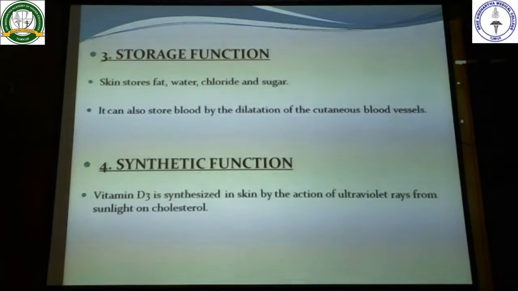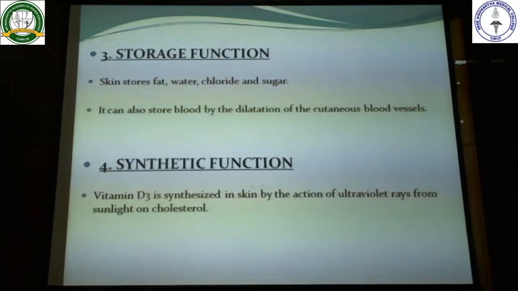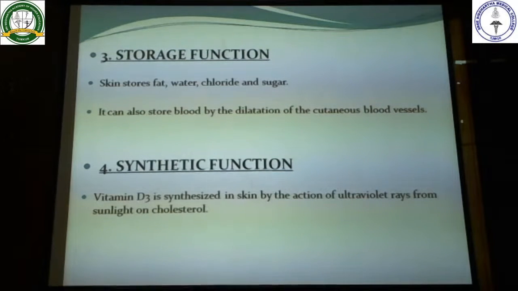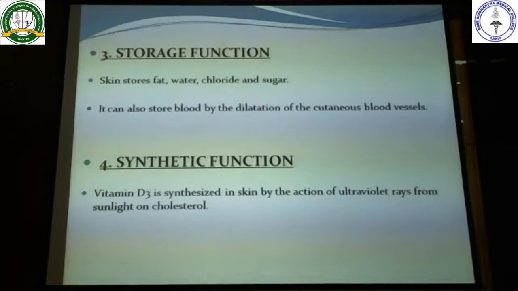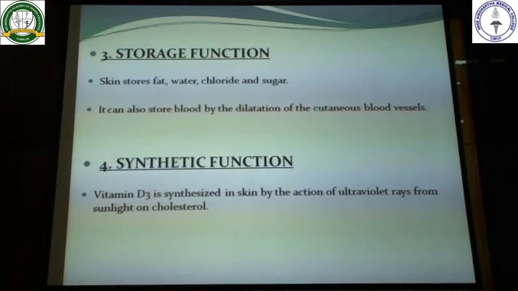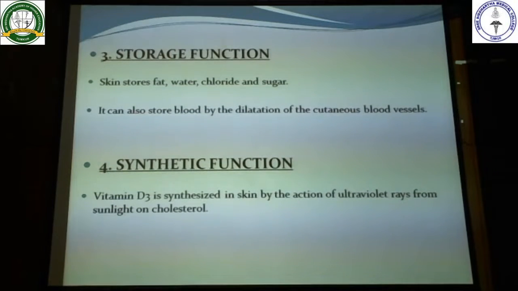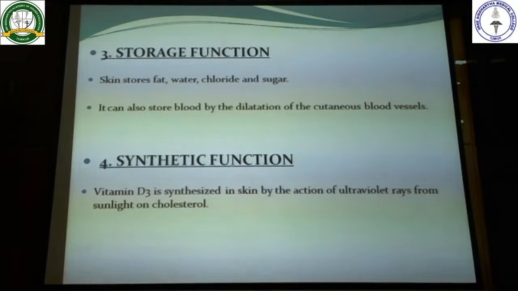Coming to the next thing, the synthetic function. We all tell our relatives or patients, please get exposed to the sun, especially in the early morning, about 6 o'clock to 8 o'clock. The reason is that the skin will synthesize vitamin D3.